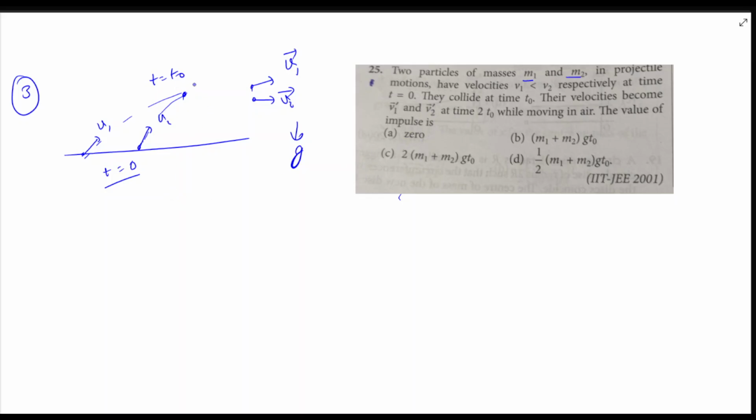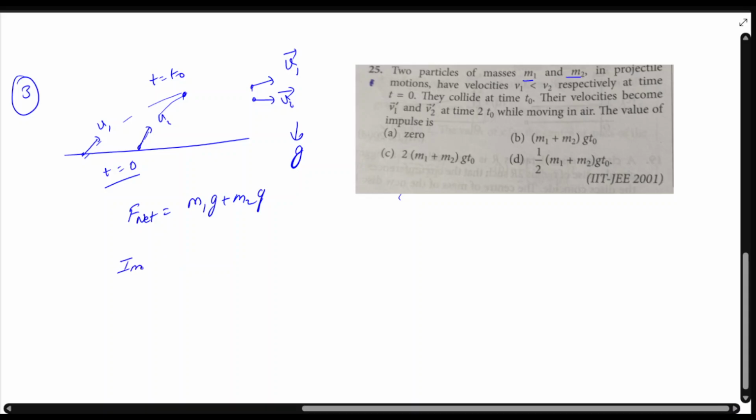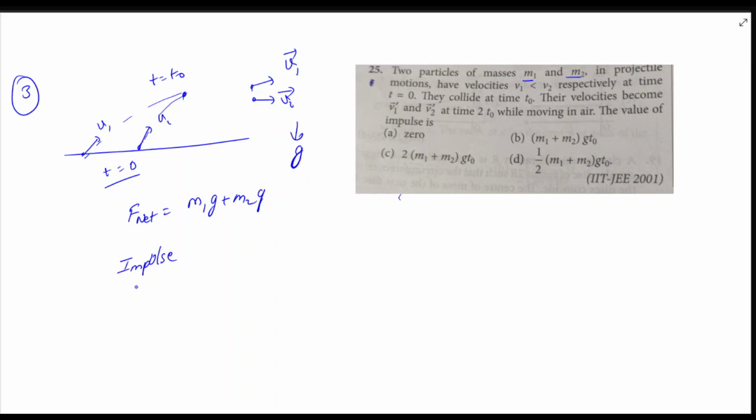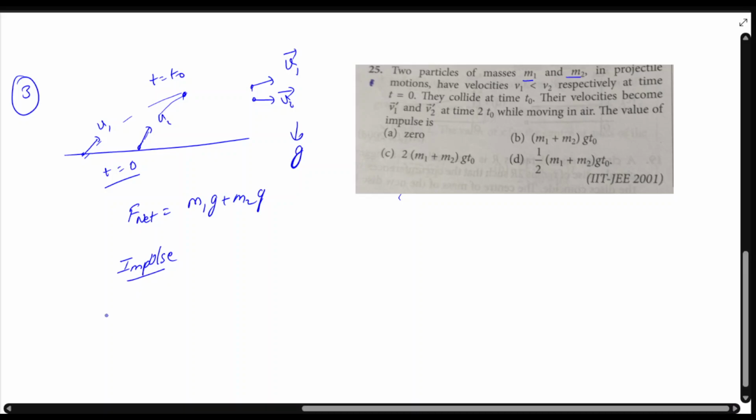If we consider these two particles as a system, the net force acting on both of them will be m1g plus m2g, in the downward direction, right? If we have to find the impulse for the total, and nothing else is given, we take the impulse from 0 to 2 t naught.